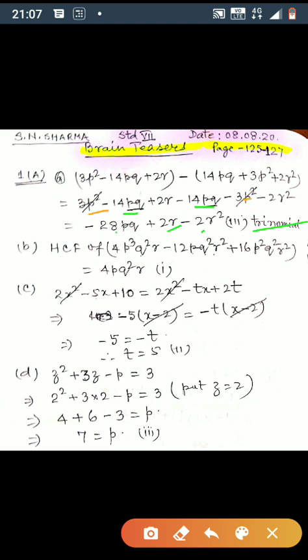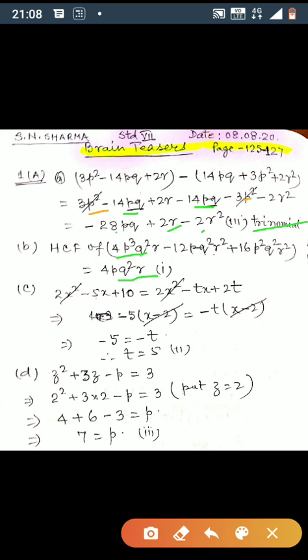Here there are three terms and the common numerical factor is 4. 4 1s are 4, 4 3s are 12, 4 4s are 16, and the minimum power of p is p, the minimum power of q is q², and the minimum power of r is only r. So the HCF of the given terms is 4pq²r. So your answer is 1, correct.